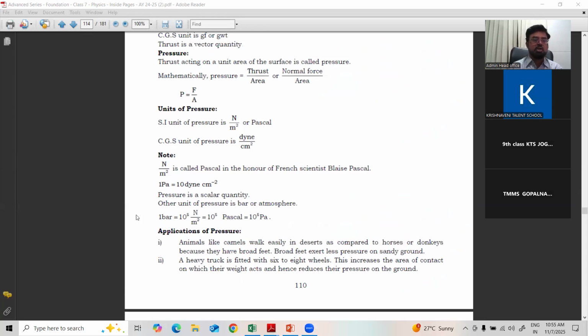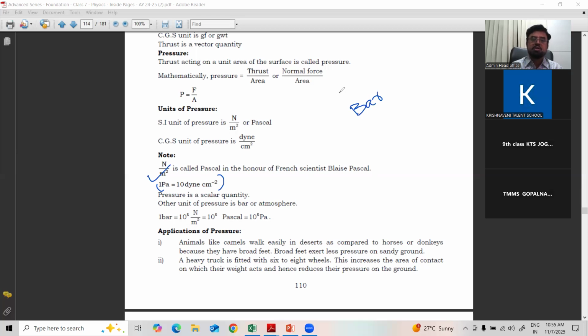Newton per meter square is called Pascal in honor of the French scientist Blaise Pascal. 1 Pascal is equal to 10 dynes per centimeter square. Pressure is a scalar quantity, with no direction. Other units of pressure are bar or atmosphere. Bar is also one of the units of pressure.